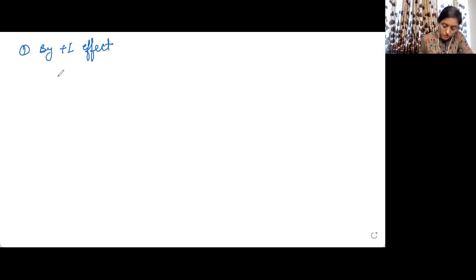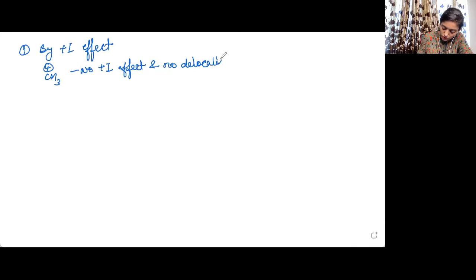If we consider CH3 carbocation, it does not have any alkyl group attached to it, so there will be no plus I effect and no dispersal of the positive charge, because there is no group having the plus I effect.